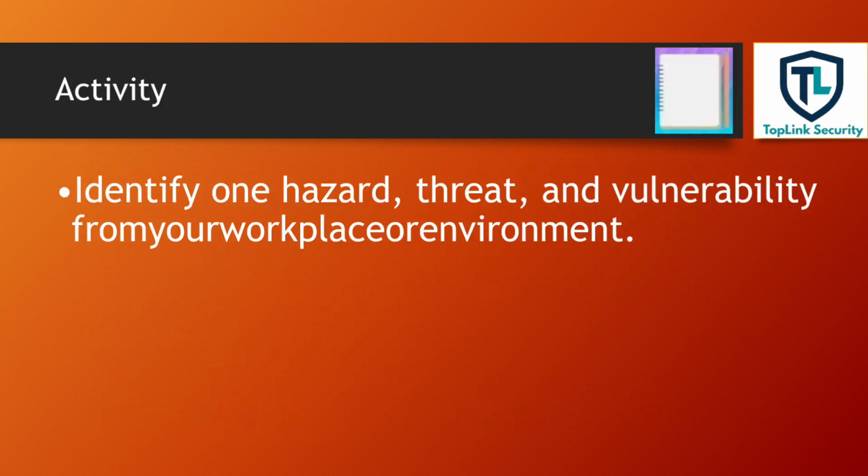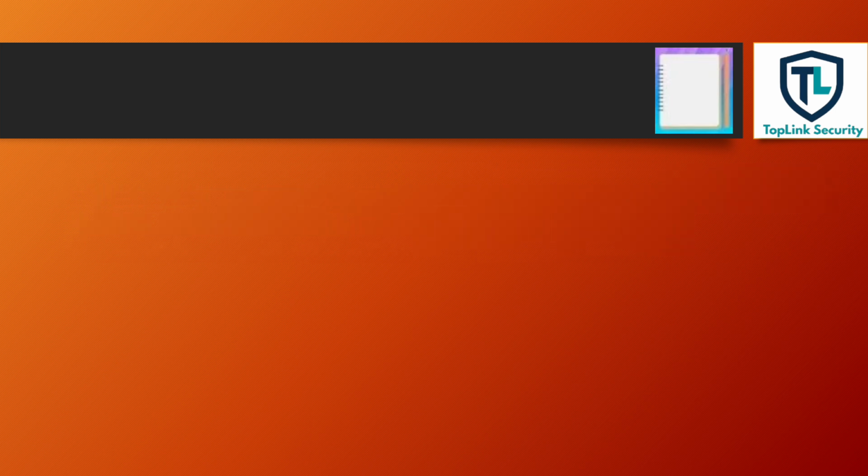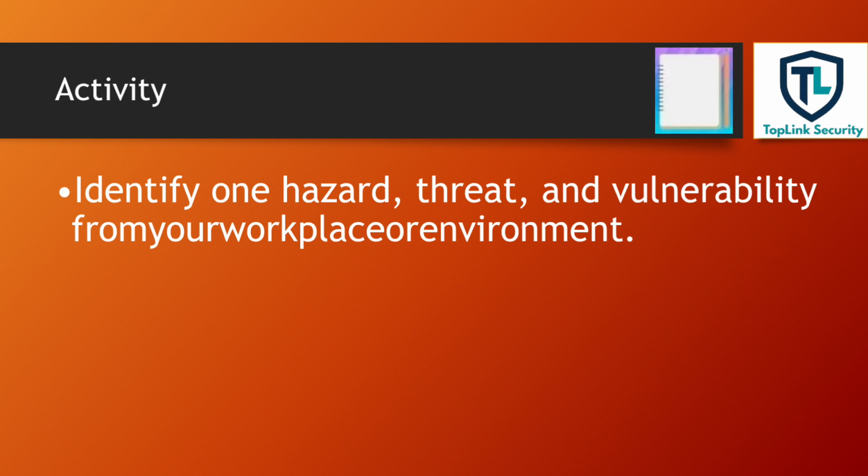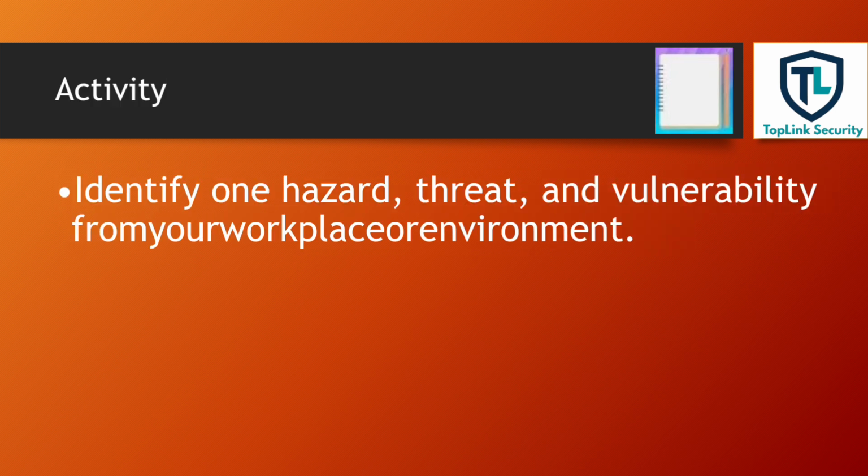You have your workbook. Look at the activity in your workbook and write down examples of hazard, threat, and vulnerability in your workplace. Consider different contexts like physical, cyber, operational, or reputational.